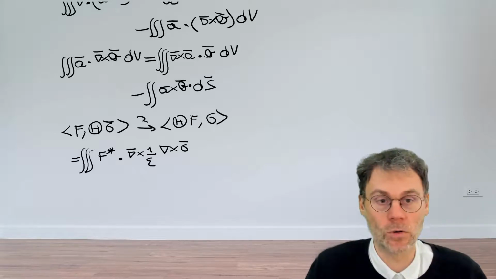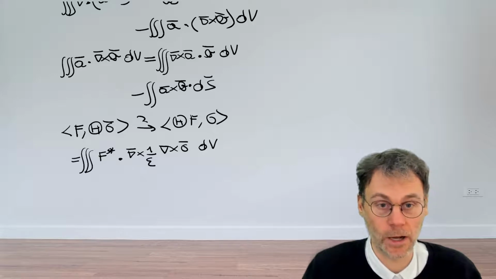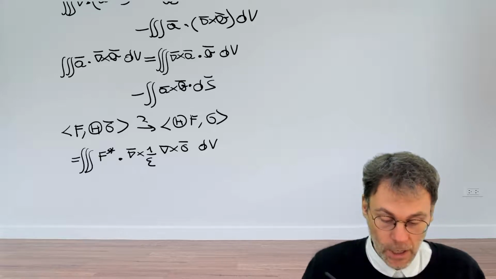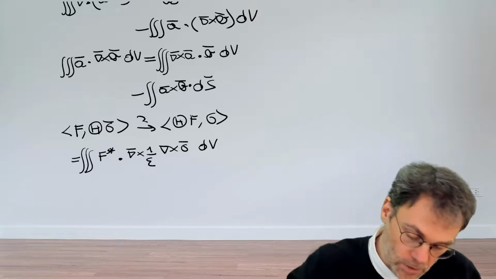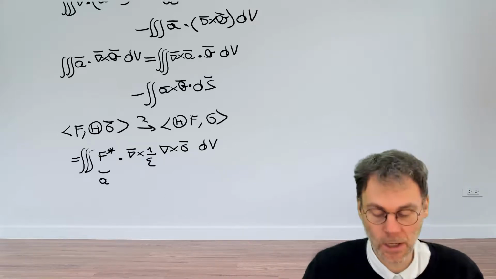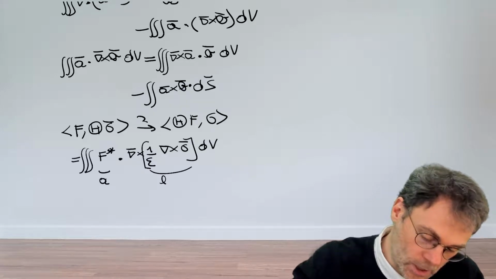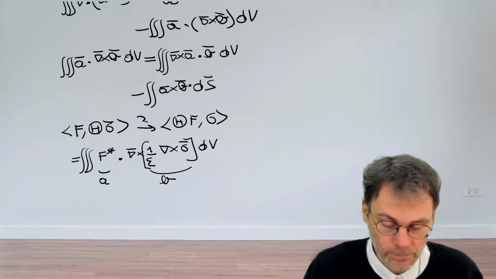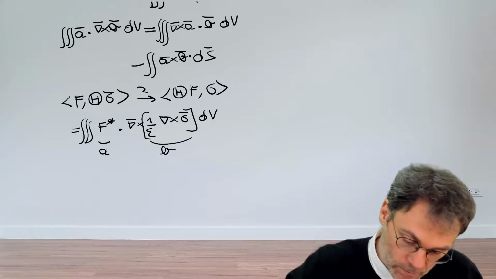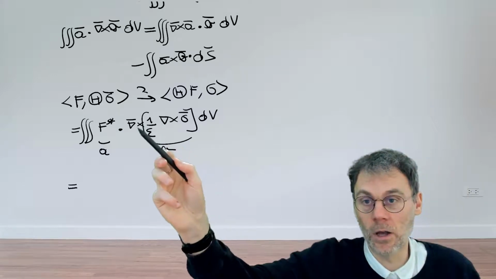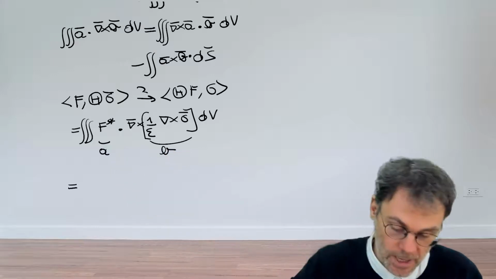This is what that scalar product actually looks like. Now, if we want to use our lemma here, what is the A and what is the B? Obviously this is going to be taking the role of A, and then this whole thing here is going to take the role of B in our lemma. That lemma tells us that we can take the curl which operates on B and move that so that it operates on A.